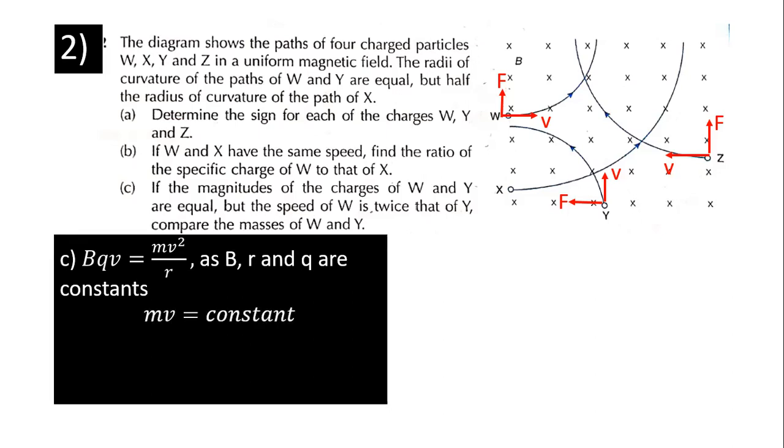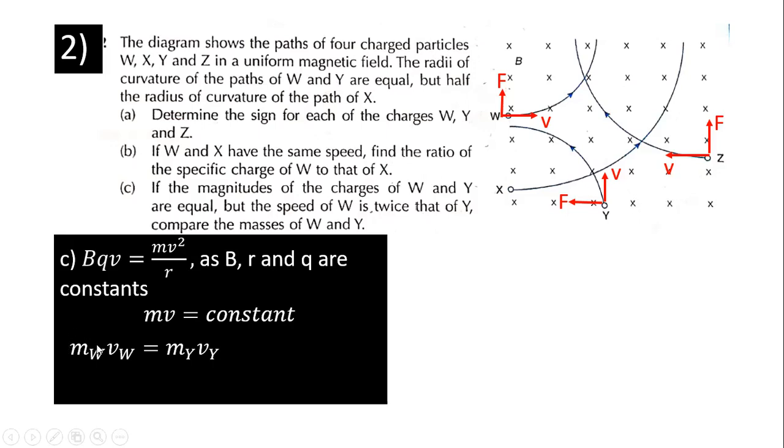So you just want your MV, that's all. The radius of Y and W are the same. So your variables are M and V, that's all. Play with the formula.